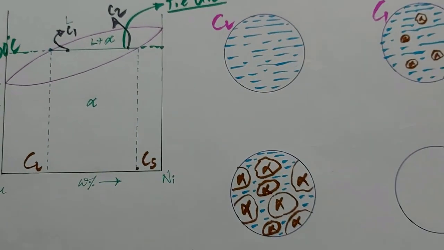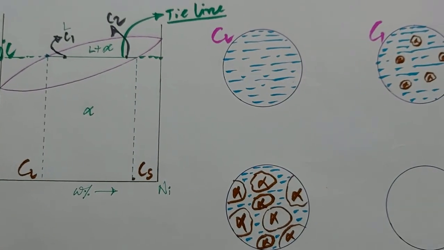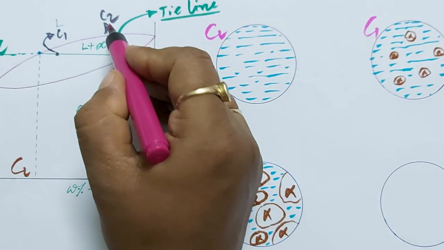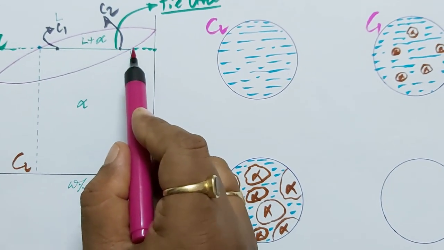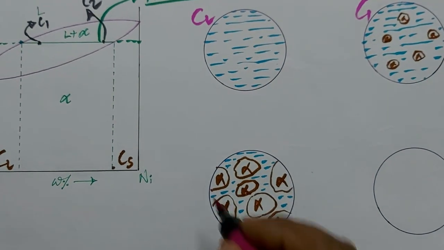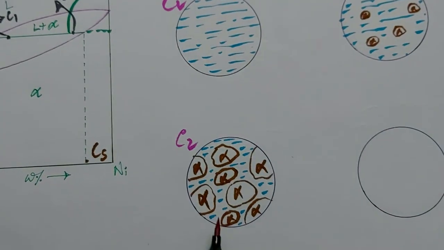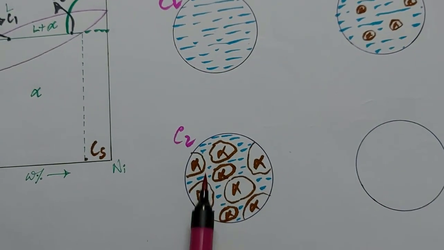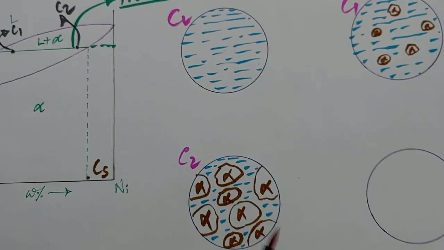For this C2 composition, which is near about this solidus line, the microstructure will be like this. Maximum part consists of alpha phase and little amount of liquid phase.